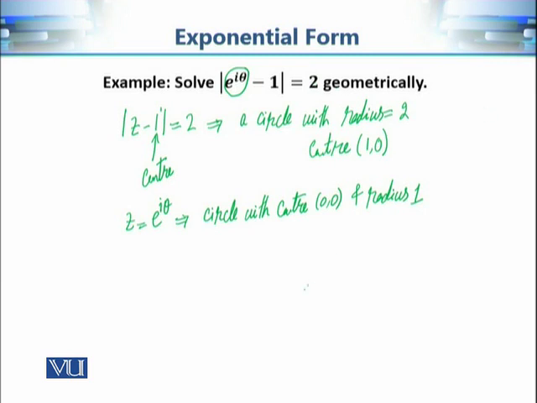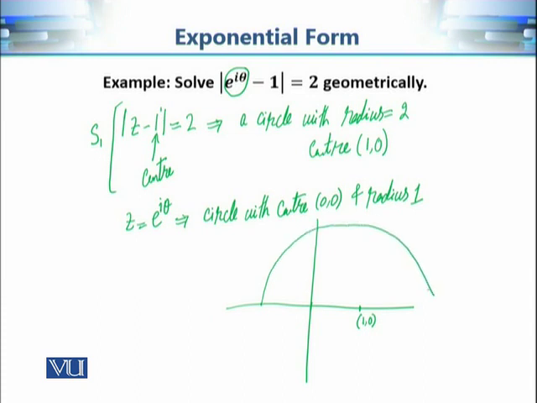these two circles. So let's consider this complex plane. Let's first sketch this circle and call it S1. The center of this circle is (1, 0) and the radius is 2. So in other words, this is 1 unit, this is 2 units, and we will be getting a circle of the following form.